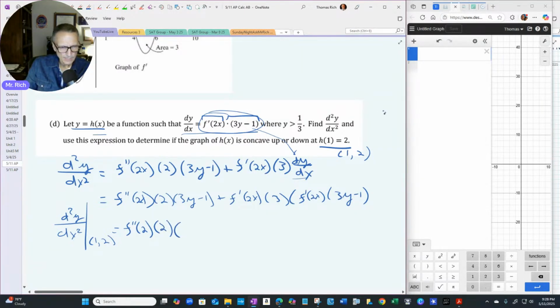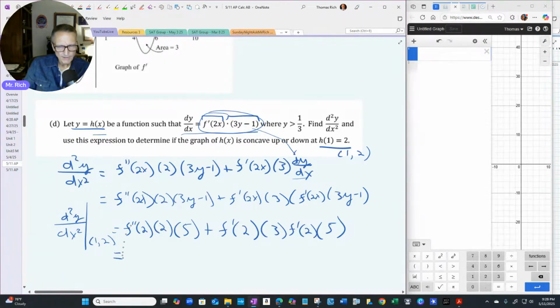Y is 2, right? So that's going to be times 5, 3 times 2 minus 1. That'll be f prime of 2, like this. And then this is going to be 3 times another f prime of 2 times 3 times 2 minus 1, which is going to be 5.